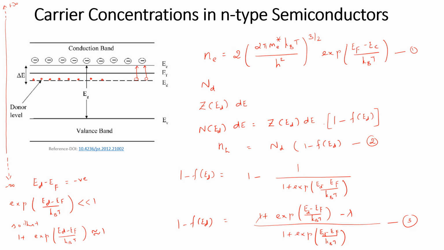So now because of this approximation, what happens to this equation? In the denominator, it will become simply 1. Only the numerator remains. Okay, so 1 minus f of ED is nothing but exponential ED minus EF by KBT. Let us write that. 1 minus f of ED is nothing but exponential ED minus EF by KBT.